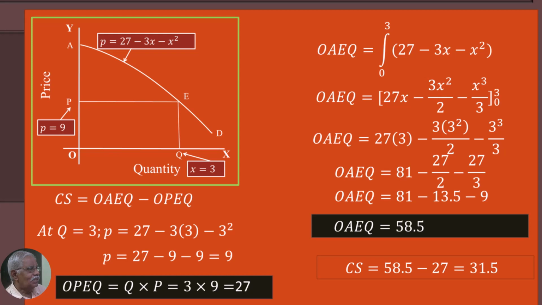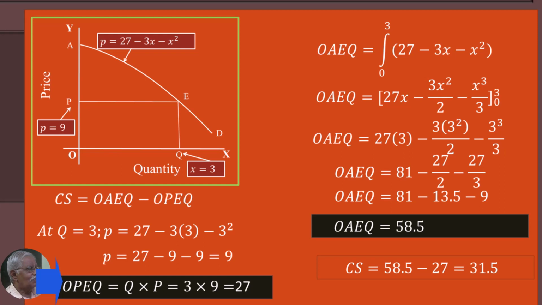This is given by price times quantity. We are given quantity x equal to 3. What is price? We have to find it out. Substitute x equal to 3 in the given function. It is 9. OPEQ is the amount the consumer actually pays. 3 times 9, 27.